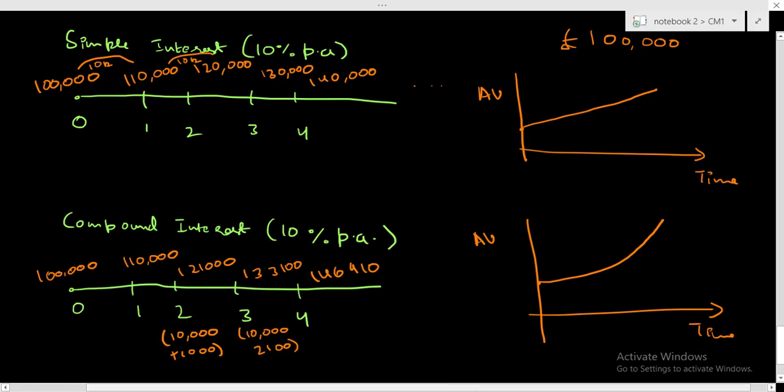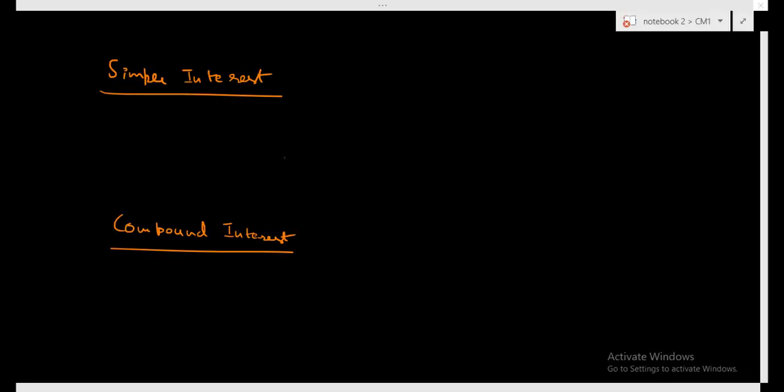Now let's discuss the formula of these two. To simplify the above argument, we just know that accumulated value is equal to the present value plus the past interest, right? Because interest is equal to accumulated value minus the present value. So whatever is your original amount, you add interest to it, you should get the accumulated value.